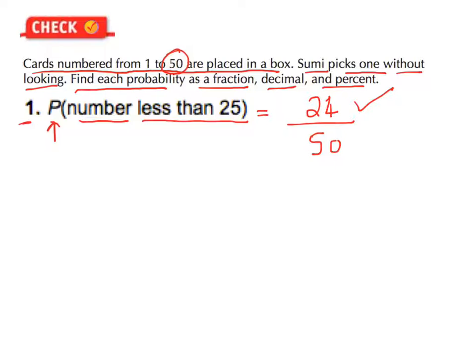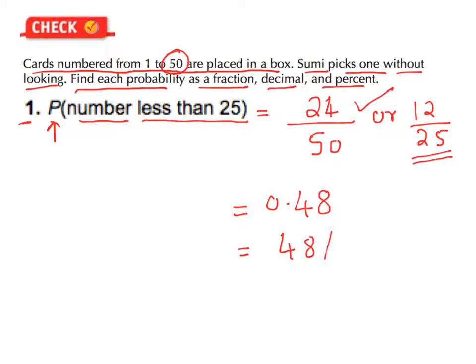So the probability of numbers less than 25 will be 24/50. If you simplify this, it's going to be 12/25 as a fraction. As a decimal, we learned how to change fractions to decimals. It is going to be 0.48. And as a percentage, you multiply this by 100, it becomes 48%.